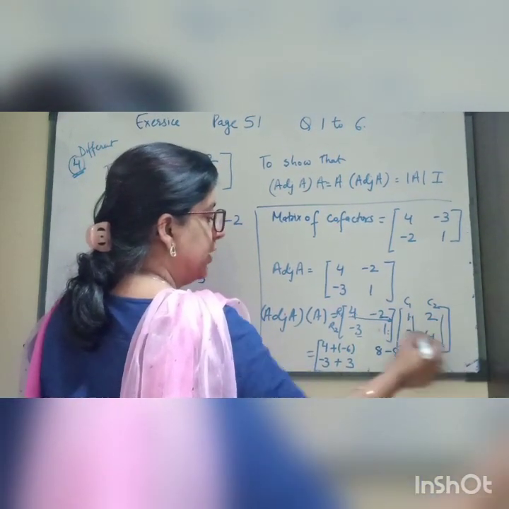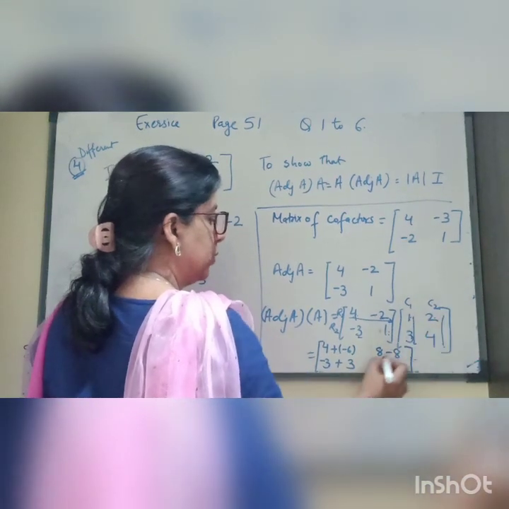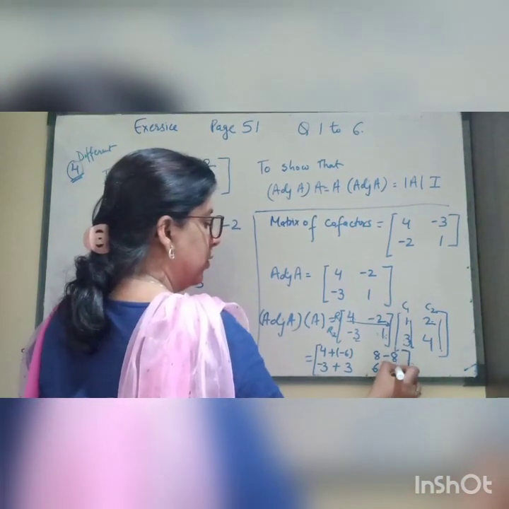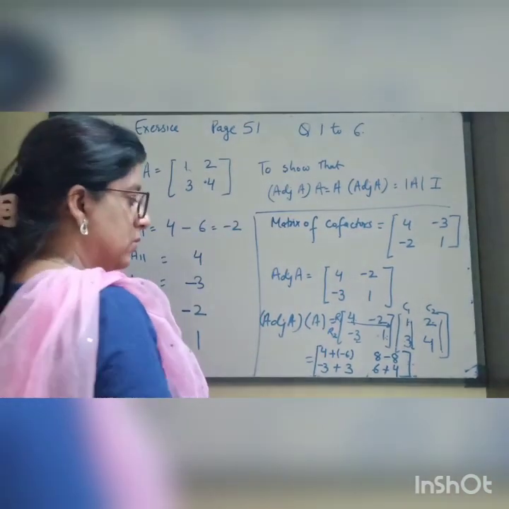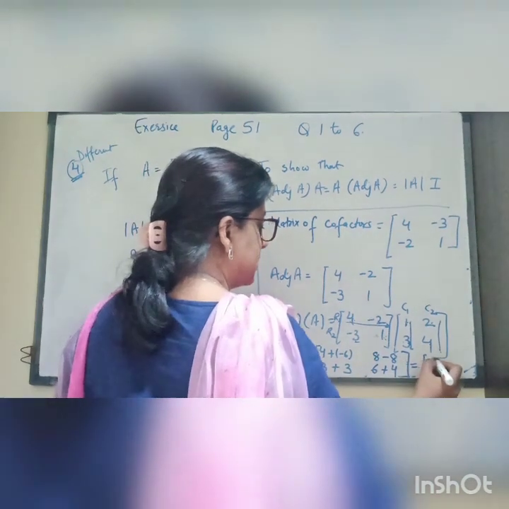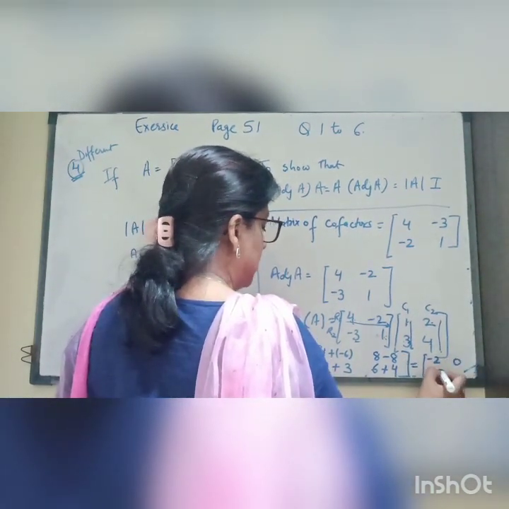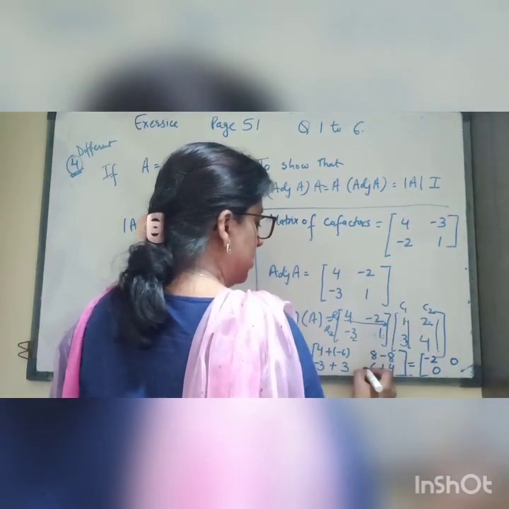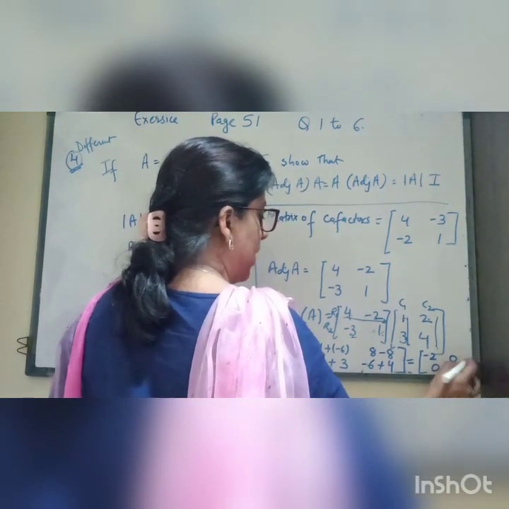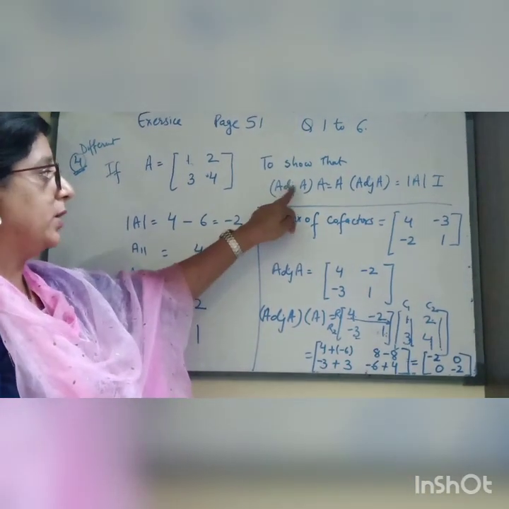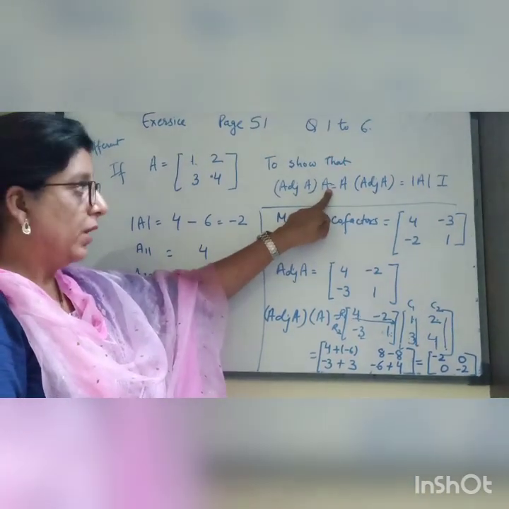R2 with C2, -3 into 2 is -6, 1 into 4 is 4. So finally what we'll get? 4 - 6 = -2, 0, 0, and here -2. So this is adjoint of A into A.